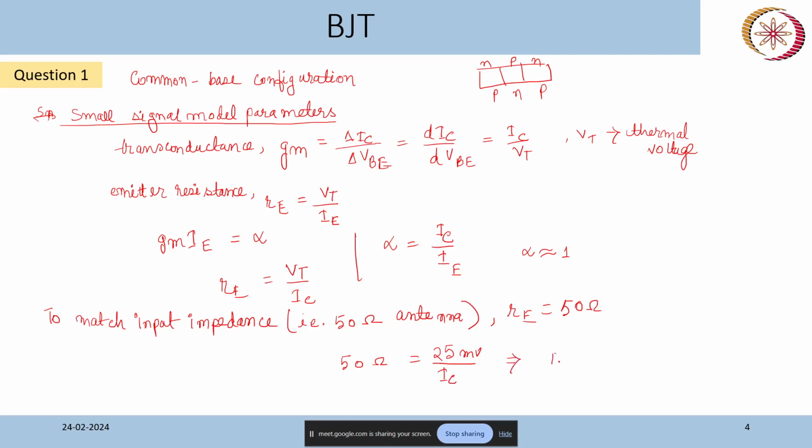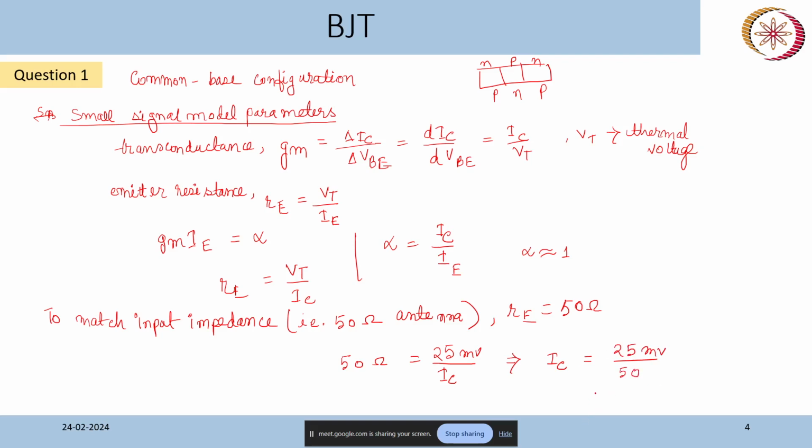Okay, so what will be IC? 25 millivolt by 50.